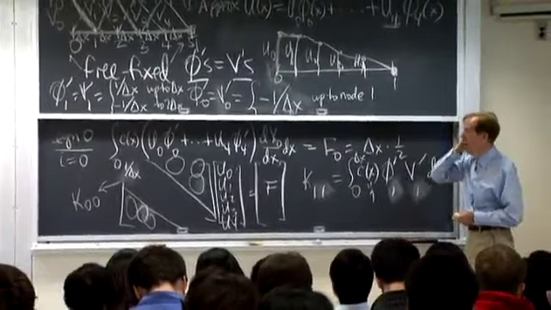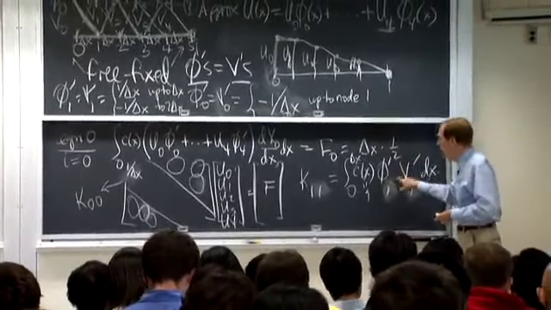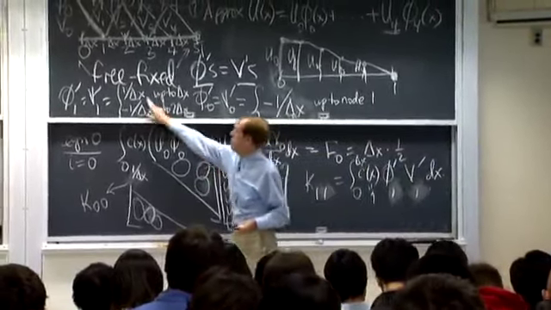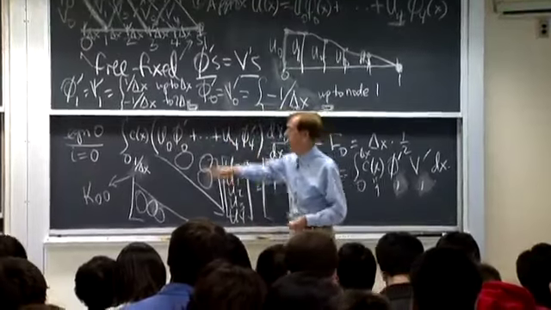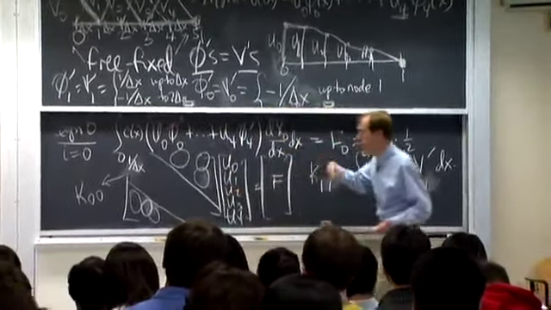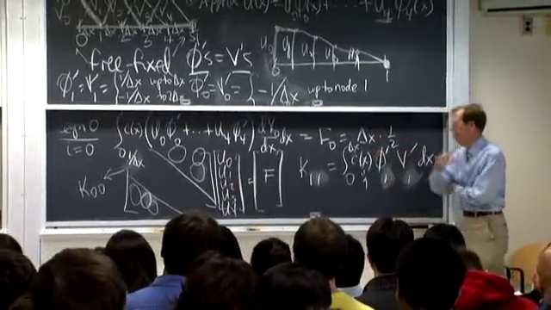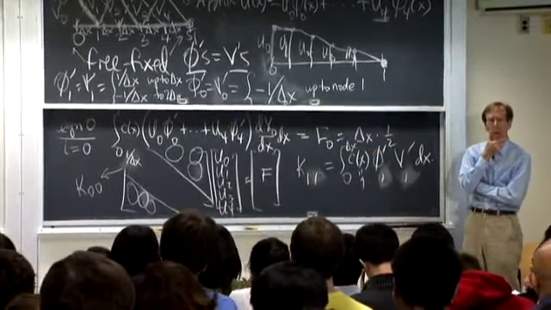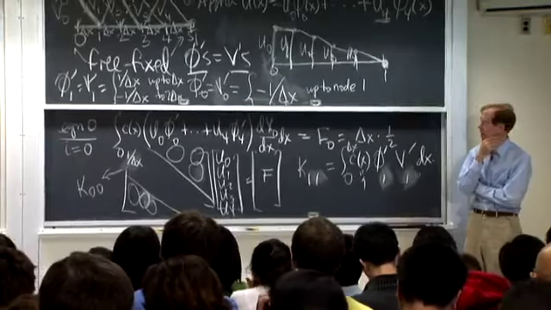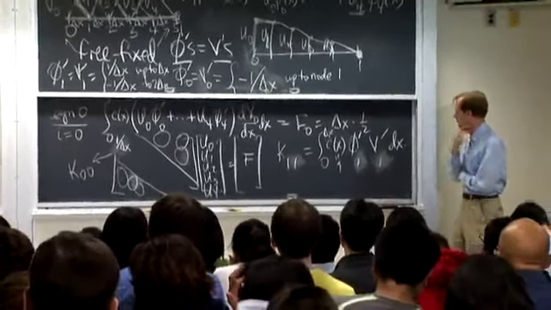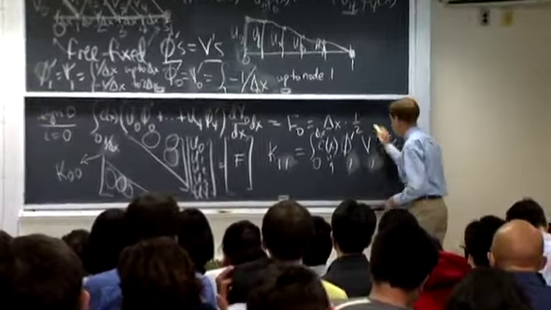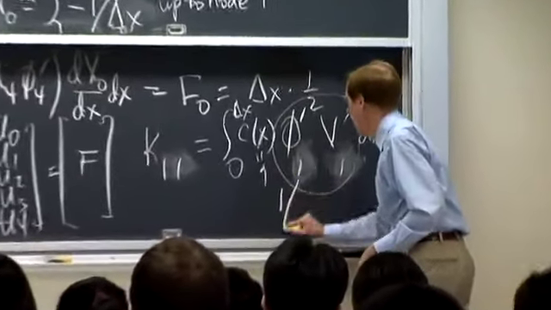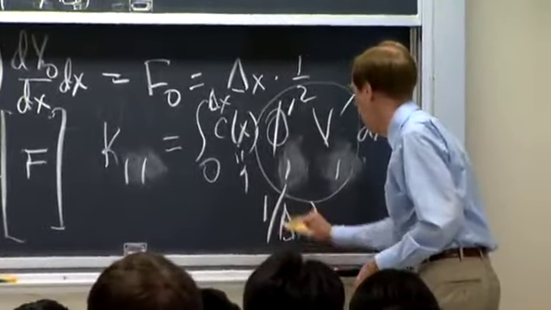So I'm just squaring. When I square it, this squared is 1 over delta x squared. This is the same, because the minus will get squared. So what's k11 now? Have you got k11 in your head? This is 1 over delta x squared.